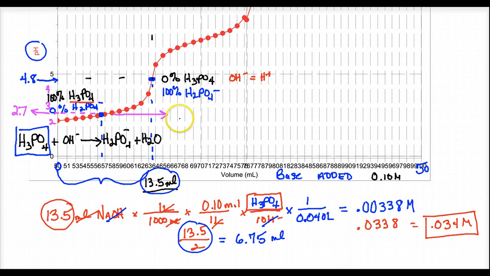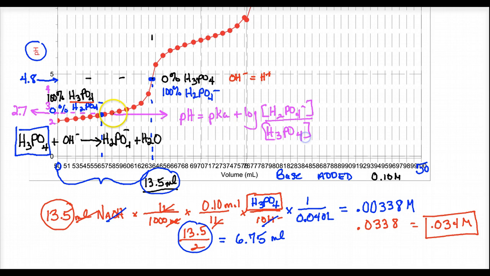Well, wait a minute. pH equals the pKa plus the log of the conjugate base, which is H2PO4 negative, over H3PO4, the conjugate acid.